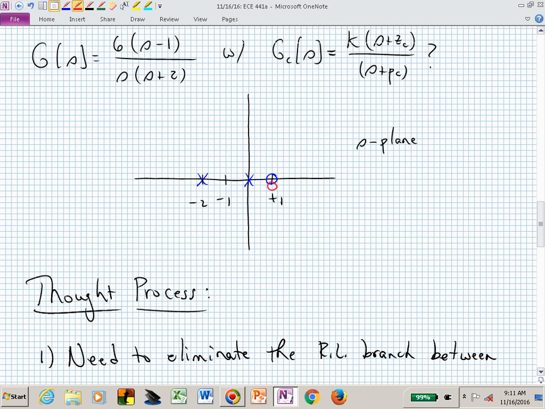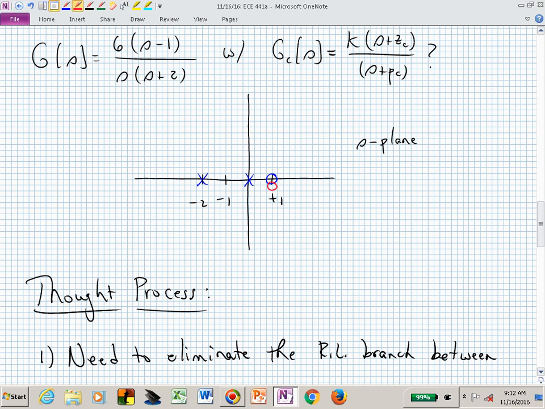Now what's the root locus look like? Do I have a segment between the origin and +1? No, because the phase angle at any point between 0 and +1 is not -180 degrees. I don't have an odd number of poles and zeros to the right of any point on that segment.